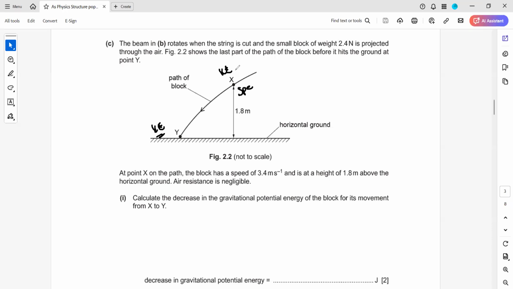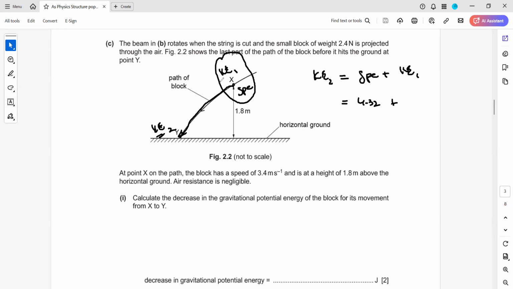So if I say this is kinetic energy 1, this is kinetic energy 2, both the kinetic energy 1 and the gravitational potential energy have converted into the new kinetic energy. So the new kinetic energy will be equal to the gravitational potential energy plus kinetic energy 1. The gravitational potential energy, which we already calculated, was 4.32.